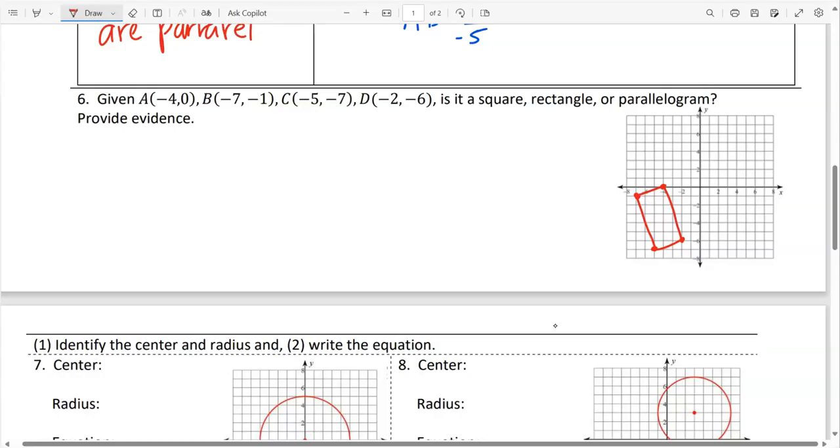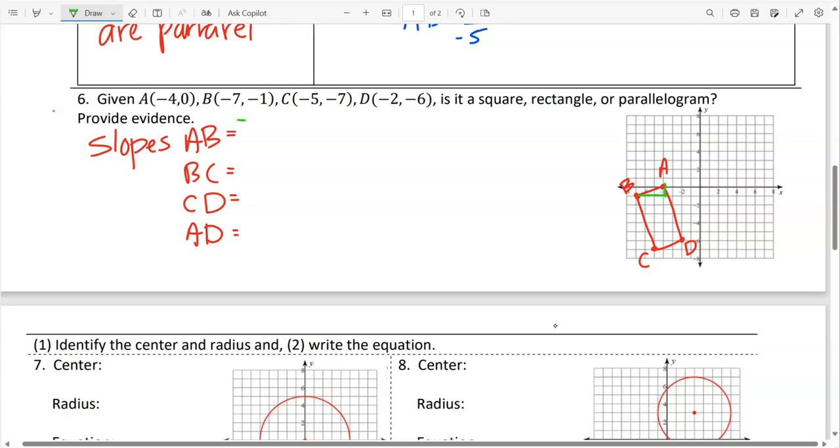All right, we have A, B, C, and D. I'm going to first do slopes. Slope of AB: -1, -1, 2, and 3.